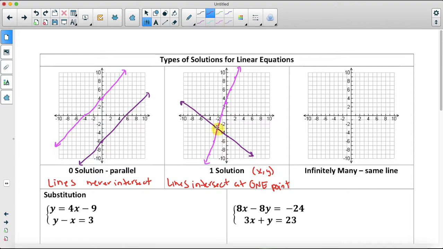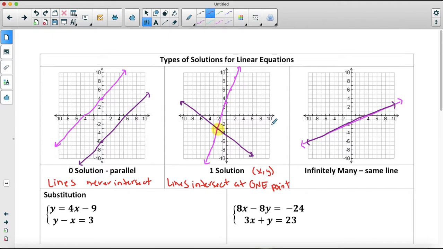But what if the slopes are the same and the y-intercept is the same? So if we have the exact same line, so the same y-intercept and the same slope, that means that these are the exact same line. If they intersect at all points, then it's called infinitely many solutions, meaning that they have the same line.